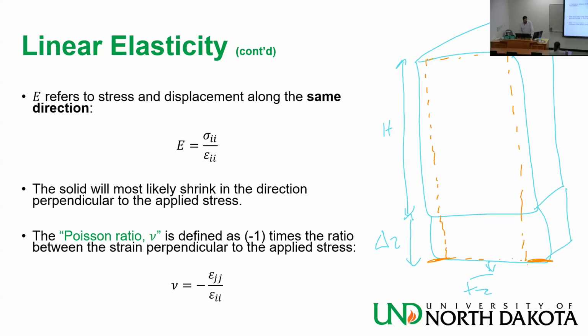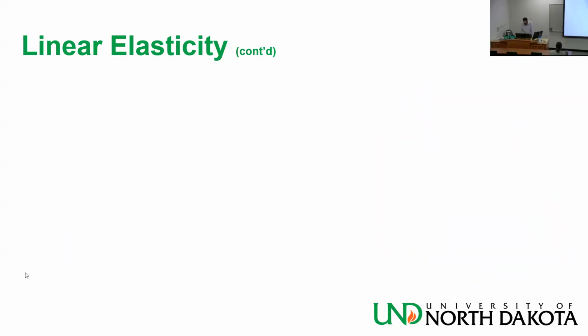Bear in mind that the only rule is that J is not the same as I. So if I is X, J can be Y or Z, epsilon YY or epsilon ZZ, so you can have two options in a three-dimensional space.